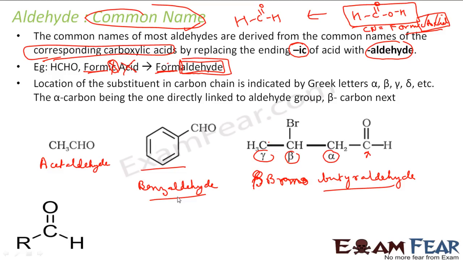So this is how you derive the common name. Generally, the common name of an aldehyde is derived from the corresponding carboxylic acid. You replace IC of the acid with aldehyde. Correct? Acetic acid becomes acetaldehyde, formic acid becomes formaldehyde, benzoic acid becomes benzaldehyde.